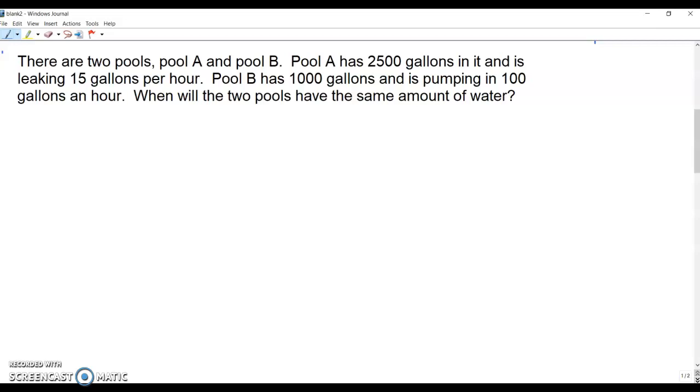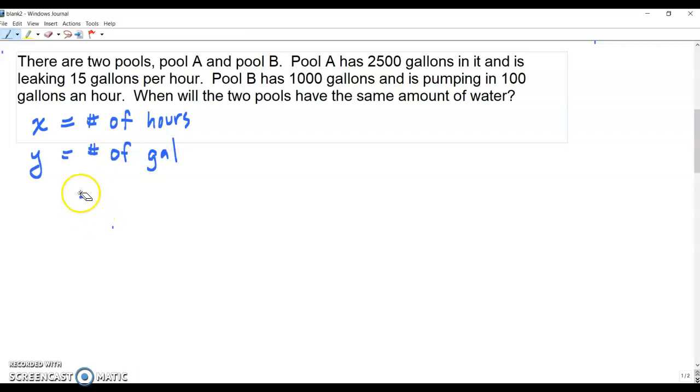When we're dealing with hours, x will be number of hours. The time is determining the volume of water, so y can be number of gallons.